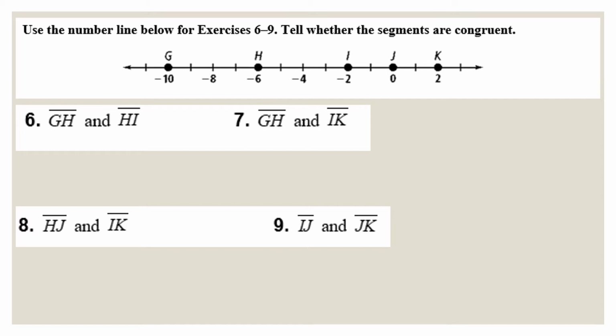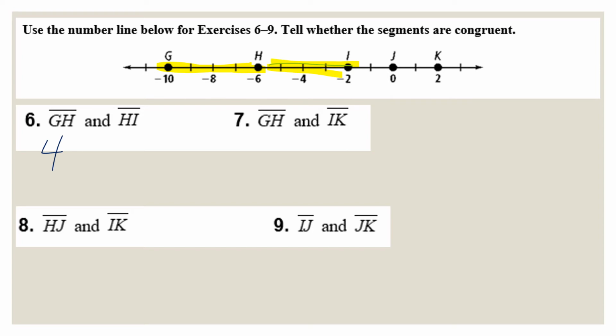So GH and HI. What I do is I just look at how many units are between the two numbers. For GH, I have -10 to -6. How many jumps or how many units are between each point? From -10 to -6, you are going 4. For line segment HI, we have -6 to -2.